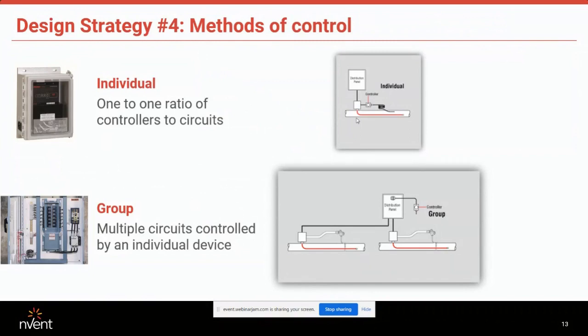But if you've got a lot of, say, freeze protection lines out in the field, it might be a better advantage to use those in a group control method, where you have one physical controller measuring the ambient temperature, and that then would energize multiple circuits. You can do that a couple different ways.